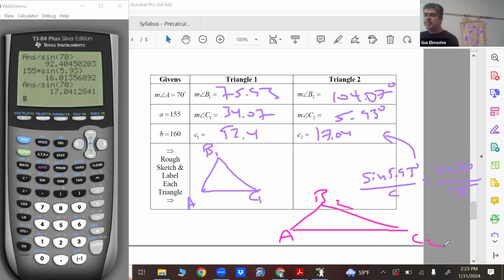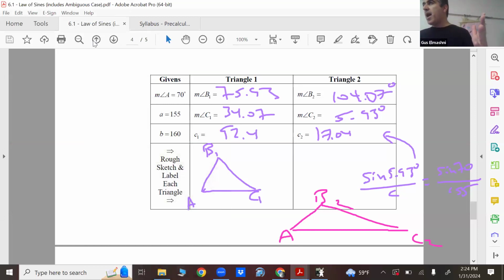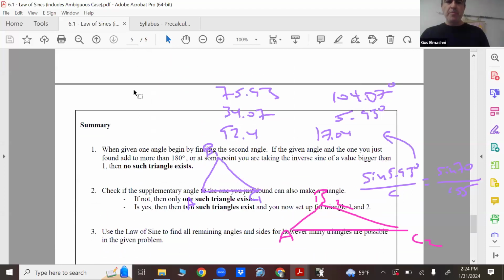That's a possibility too. So you have to look for that. And the best way to look for it, if it's SSA, is once you solve for the angle, do the supplement and see if it can coexist with all the other angles. If it's possible, good. If not, then forget it, and there's just one triangle. Or if you get something really weird, like doing inverse sine and getting something negative or greater than 1, then it's no triangle. That's also a possibility.